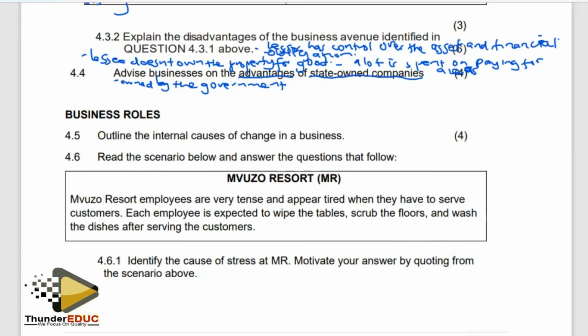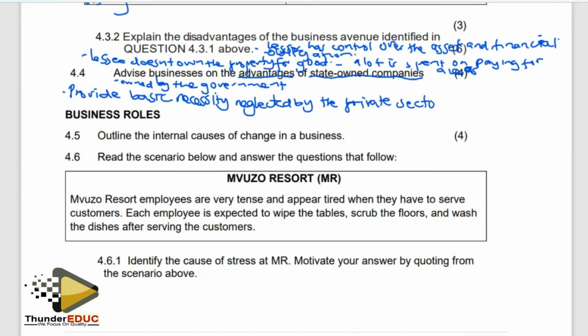Specifically, the best reason is to provide basic necessities that the private sector may fail to produce, neglected by the private sector.